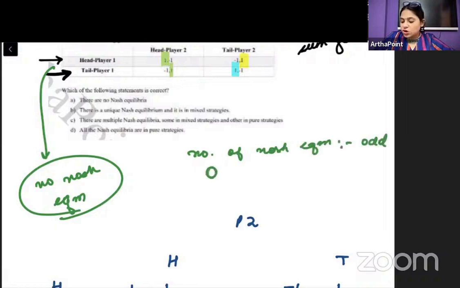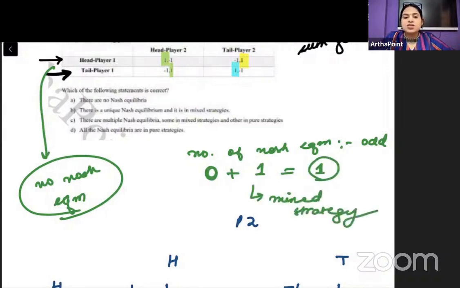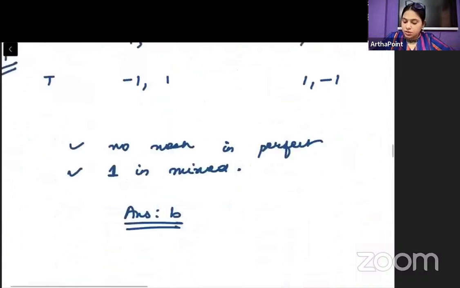So if there are zero Nash equilibria in the pure strategies, there will be exactly one mixed strategy Nash equilibrium. So we can go ahead and say the answer will be B, there is a unique Nash equilibrium, and that is going to happen with the mixed strategy. No pure strategy Nash equilibrium and one mixed strategy Nash equilibrium.